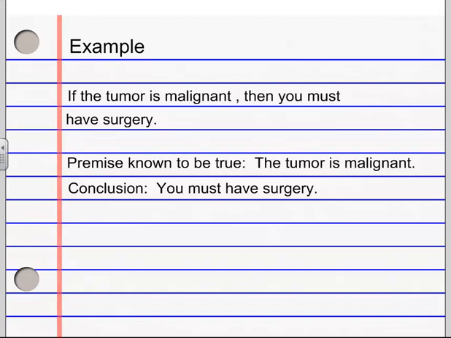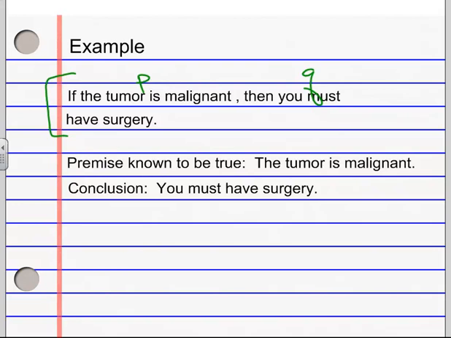If the tumor is malignant, then you must have surgery. Two parts. First part, P. Second part, Q. We've got two simple statements. If we know that the premise is true, the tumor is malignant, then our logical conclusion would be you have to have surgery based on this statement.